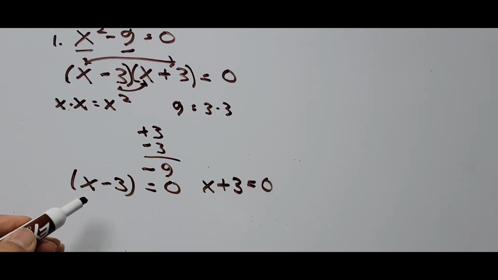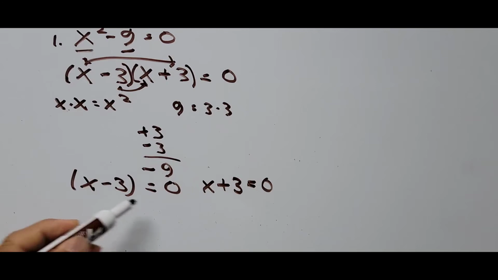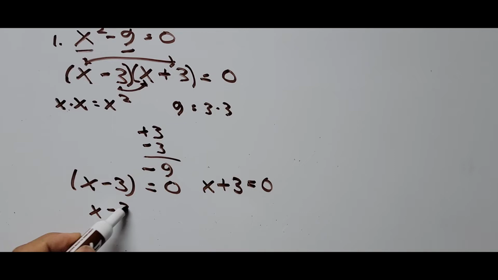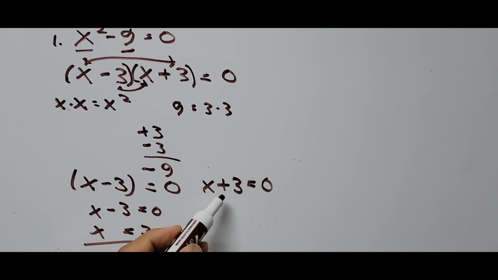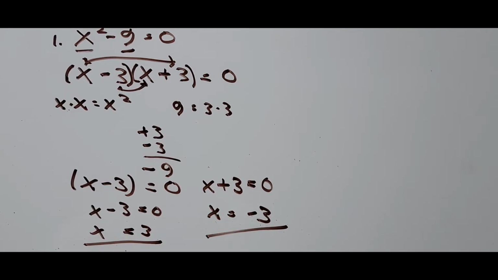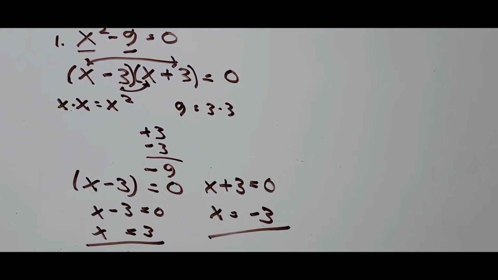Hereby we start getting the value of the variable x. x minus 3 equals 0, and transposing the 3 to the other side, it will be positive 3. So that's one value of x. And the other value is solving this one right here. x plus 3 equals 0, transposing the 3 to the other side will become negative 3. So that's the second value of x. That's how we solve the quadratic equation by factoring.